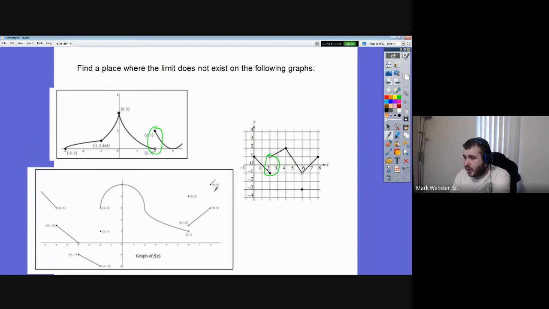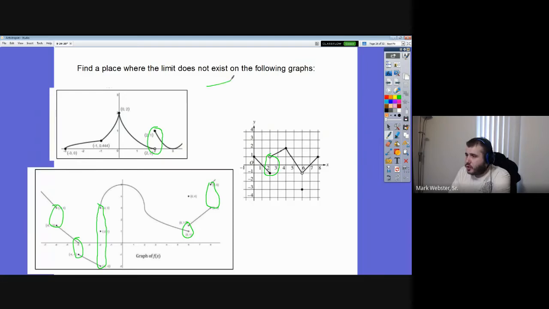Here, there's a ton of them. Look, there's one right here. The limit doesn't exist at this spot at 8. The limit doesn't exist at this spot at 6. It doesn't exist at -2. Doesn't exist at -4 or -6.